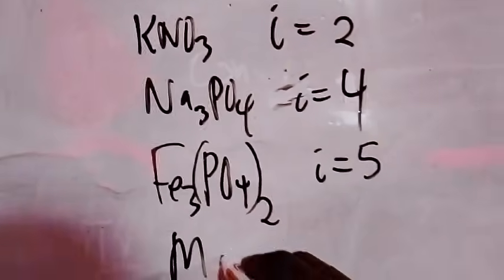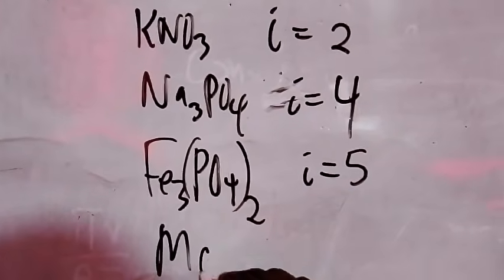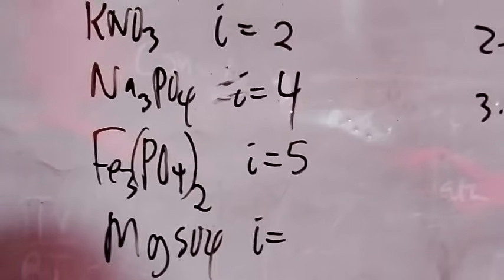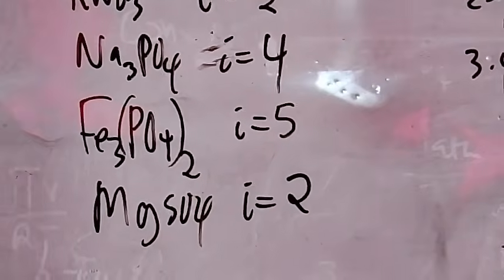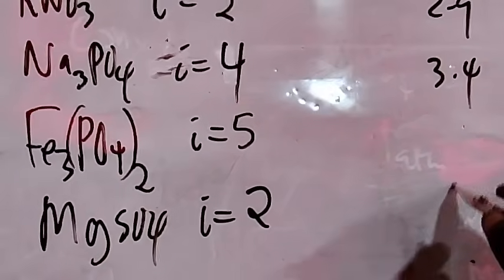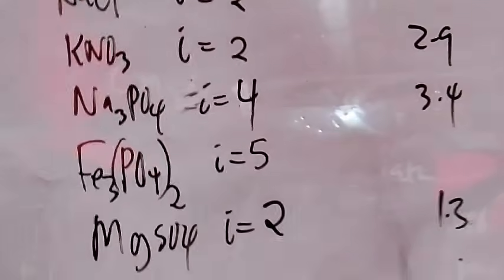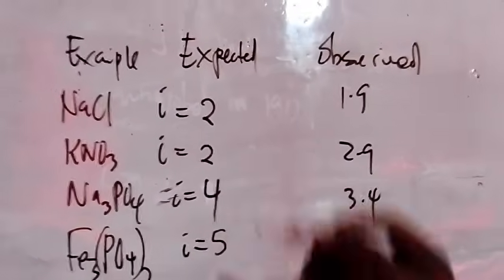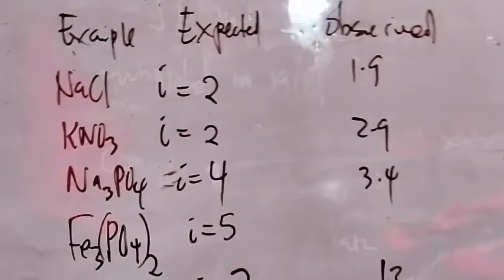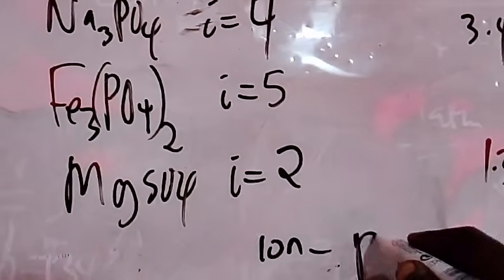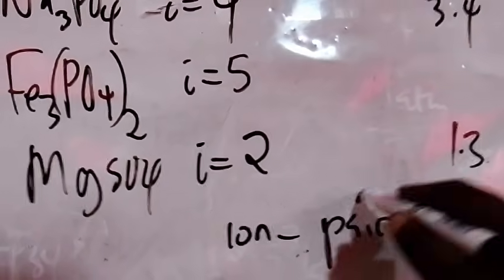So we have also magnesium. Let's look at magnesium sulfate. I here is equal to 2, and the observed for magnesium sulfate is 1.3. So why is it that the expected is higher than the observed? It's because of ion pairing.